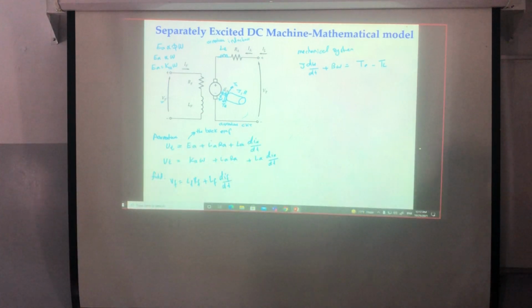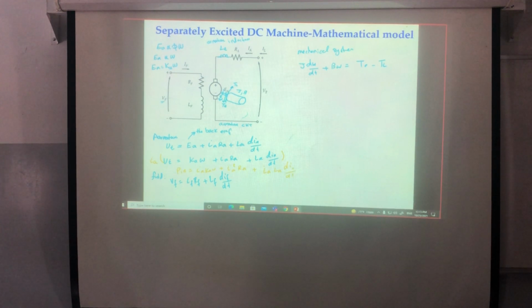I have another, let's say, magic for that. Imagine that here you are multiplying by IA. What will you get? The first term is the input power, VT IA, which equals IA KA omega plus IA squared RA plus IA LA dIA by dt.